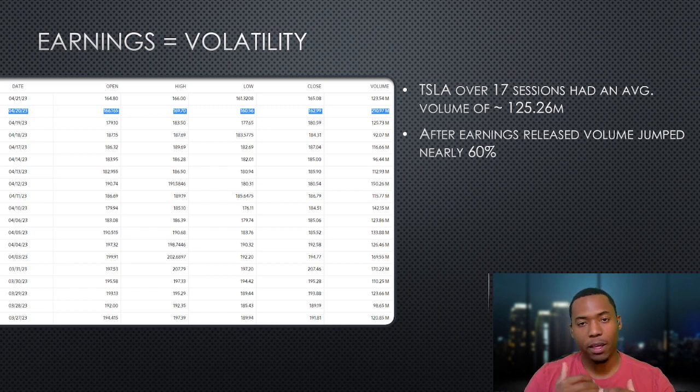On average, each session had a volume of approximately 125 million, give or take, executions for that particular asset. 125 million buys and sells. Earnings day happens, and all of a sudden that jumps from 125 to 210 million executions.